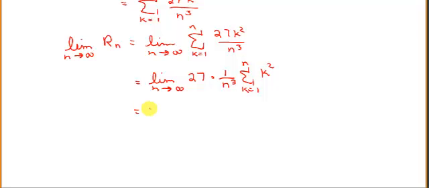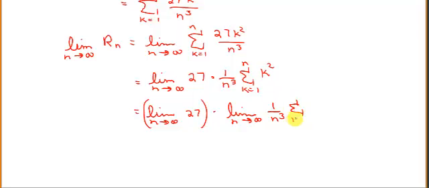Now when we take the limit, I can take the limit as n goes to infinity of 27 times the limit as n goes to infinity of 1 over n cubed times the sum as k goes from 1 to n of k squared. And this is a limit of a constant, so that's just 27.